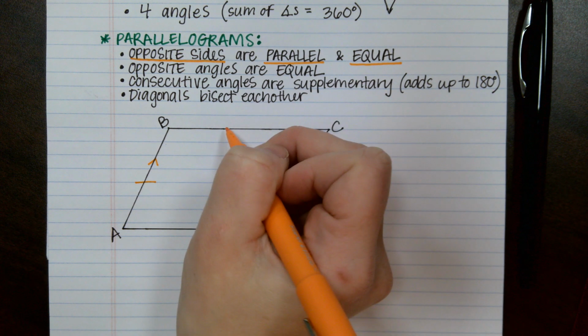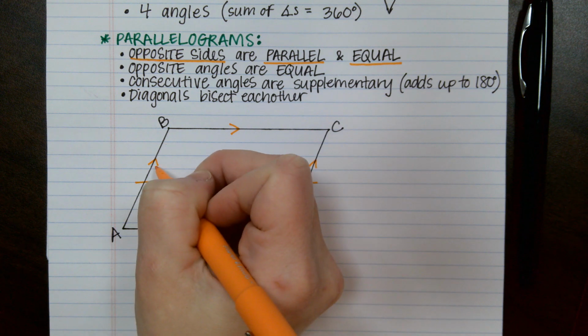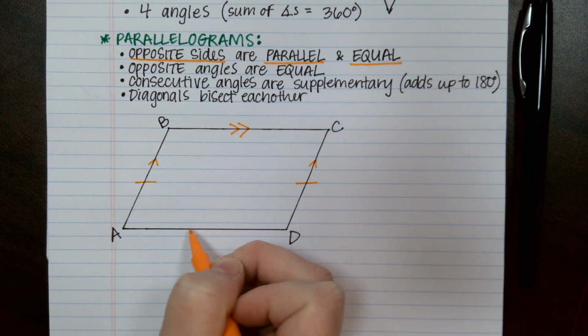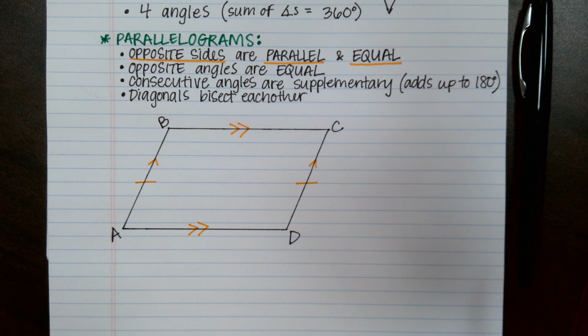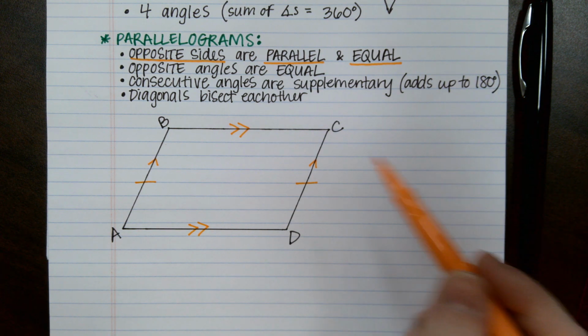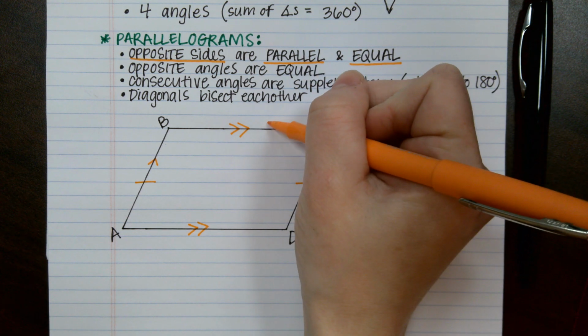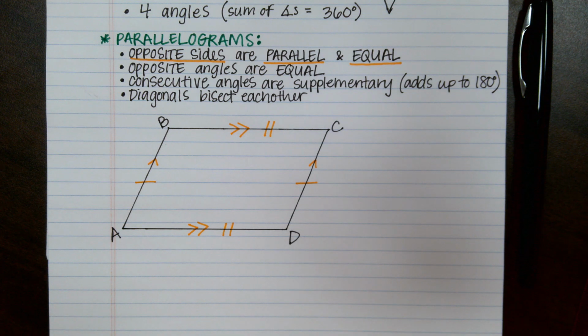So to show that, we'll do the same thing, but instead of one arrow, since we already used one arrow, we'll do 2 arrows. And since they're also equal to each other, we'll do 2 dashes, 2 tick marks, just like that. Okay.